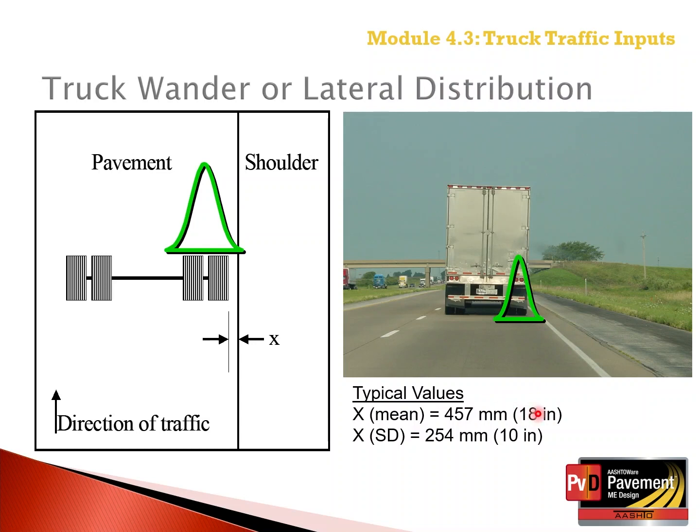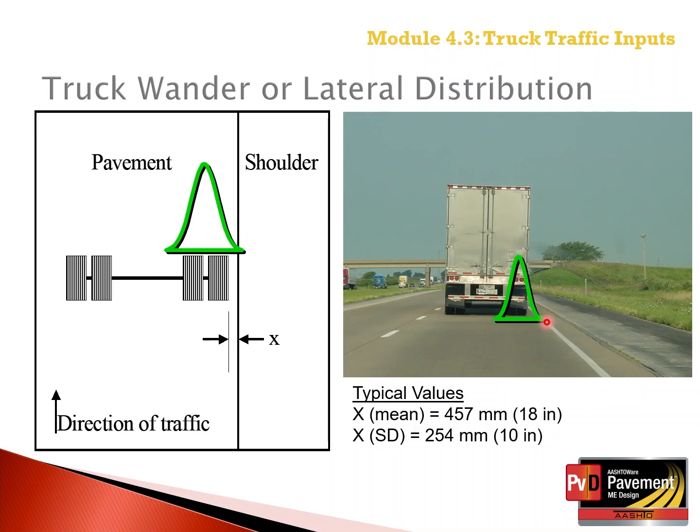The location is important for rigid pavement design because the closer the tires are to the edge of the slab, the higher the tensile stresses. So the greater the standard deviation of the wheel loads for rigid pavements, the closer some of those loads are to the edge of the pavement.